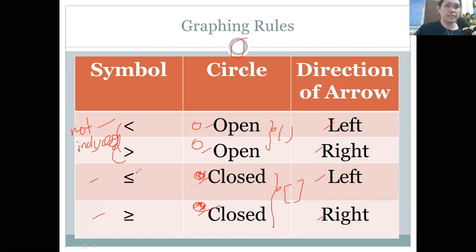Again, less than and greater than, the open circles, are not included. And less than or equal to and greater than or equal to mean they are included. In short, the closed circles are included. Please do not forget that.